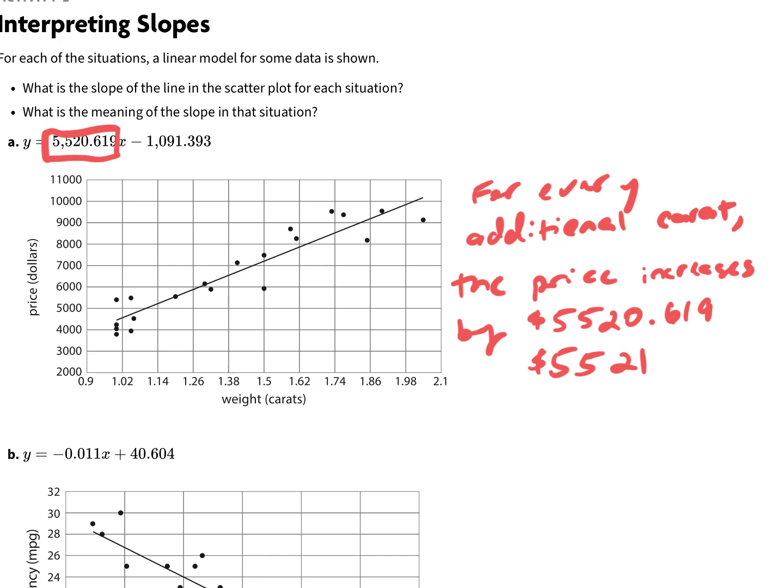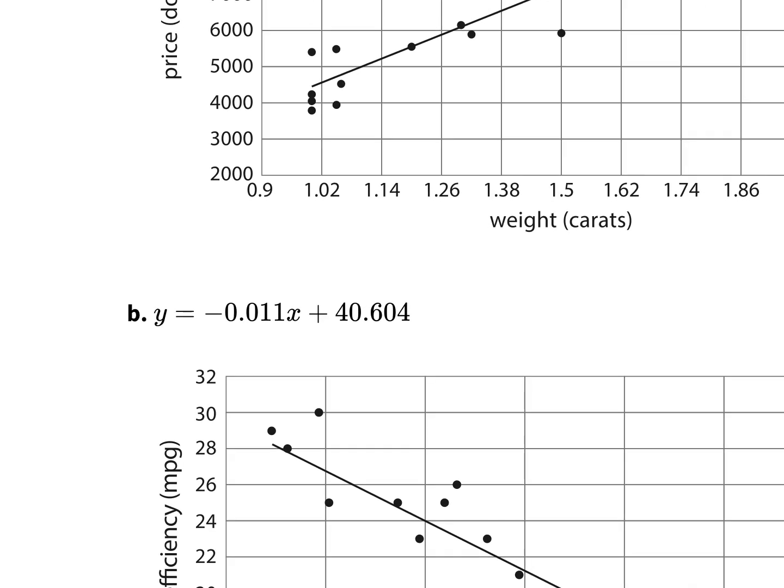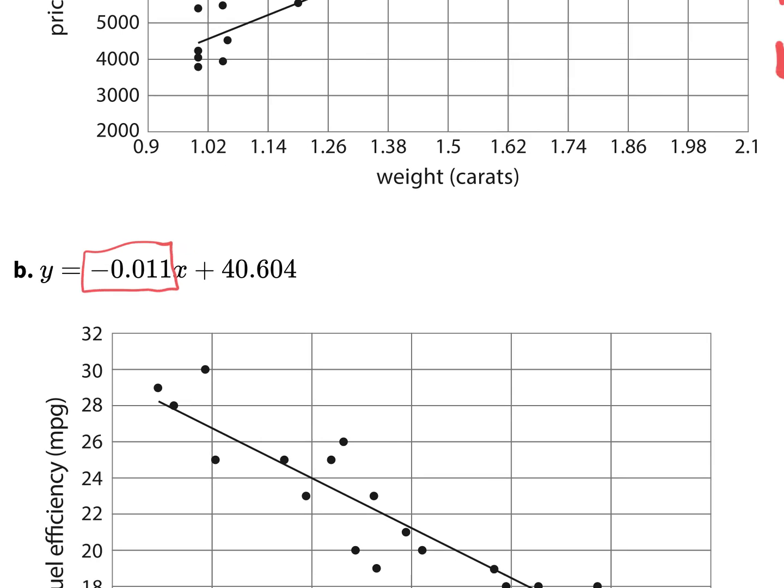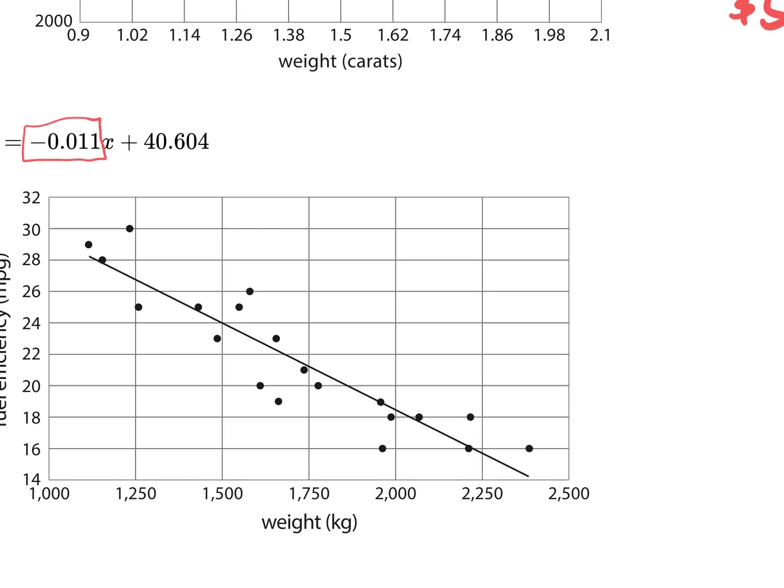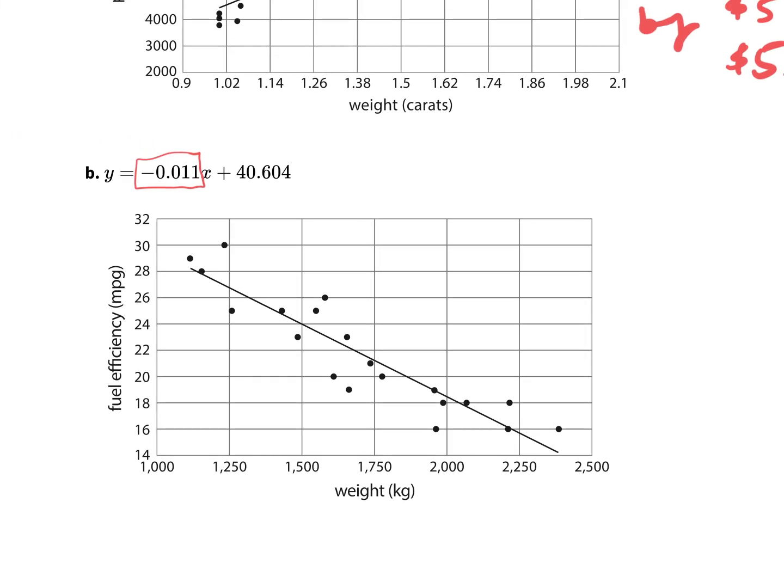All right, for scatter plot B, my slope is negative 0.011. This time we are talking about weight and fuel efficiency.